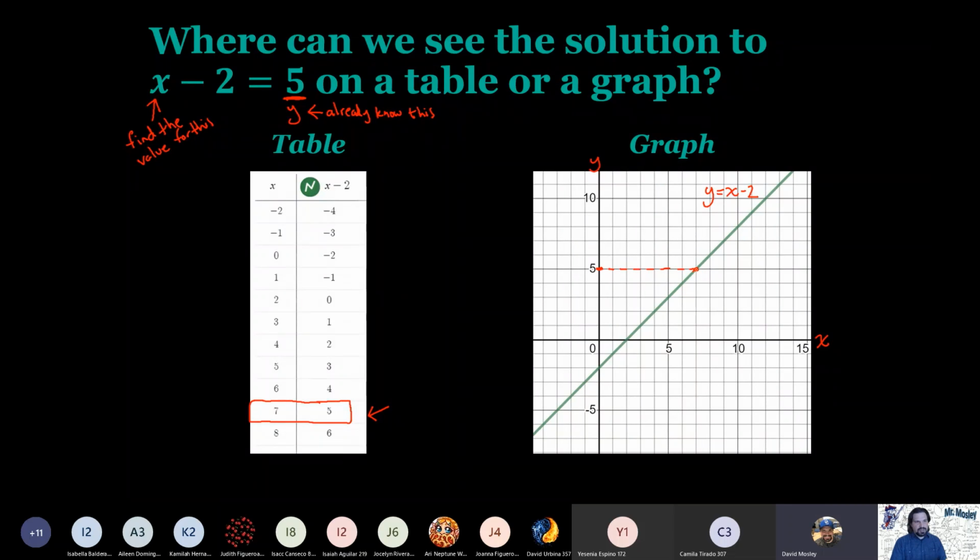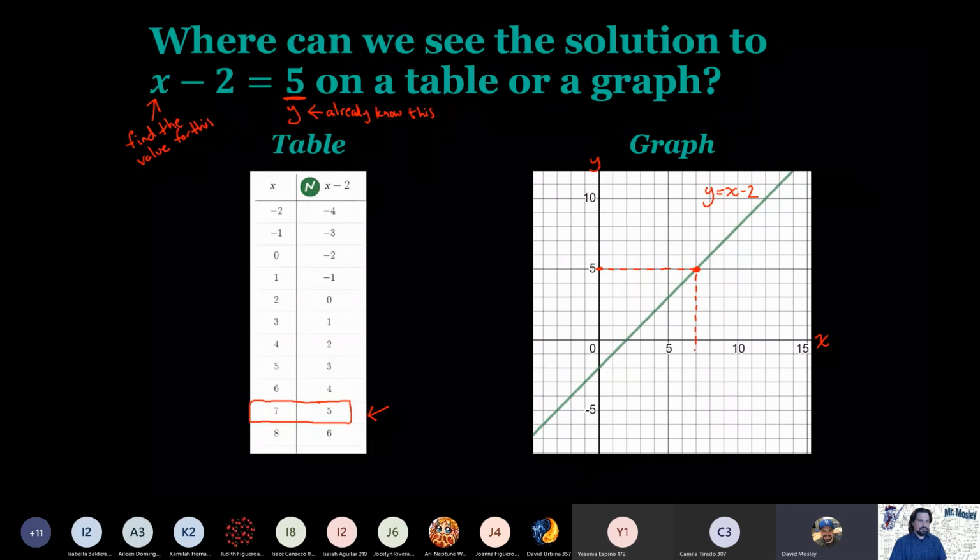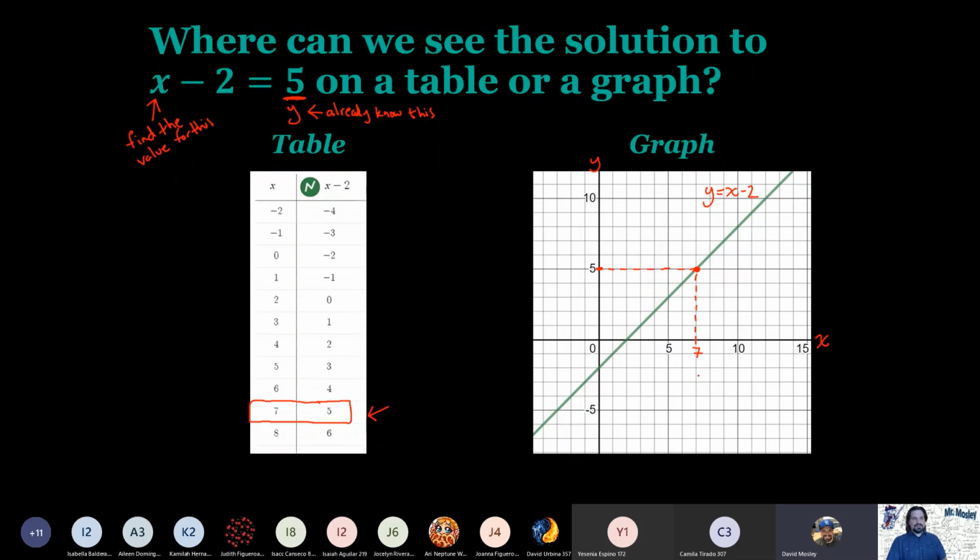Because at this point on my line, y equals 5. And so then we just follow it down to see what x value goes along with it. This point has the coordinates of 7, 5, sorry, I had that backwards, I apologize.